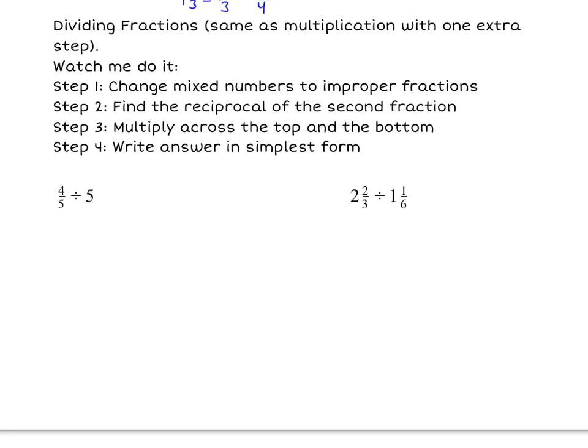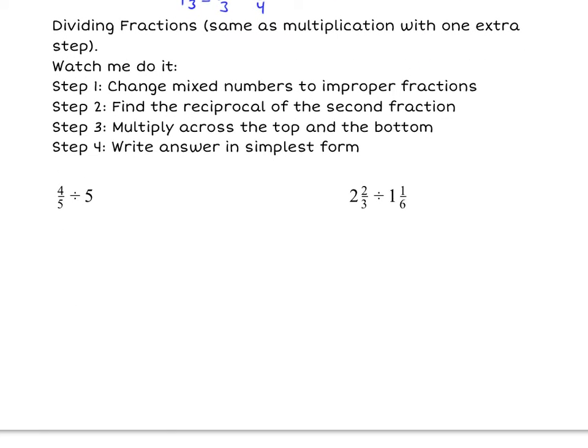And then the next 10 questions of the assignment are doing what we call dividing fractions. Dividing fractions is exactly the same as multiplication with one twist. Just like yesterday, step 1, change all of your mixed numbers, if you have any, into improper fractions. So in this case, I have a whole number. Can I make that a fraction?